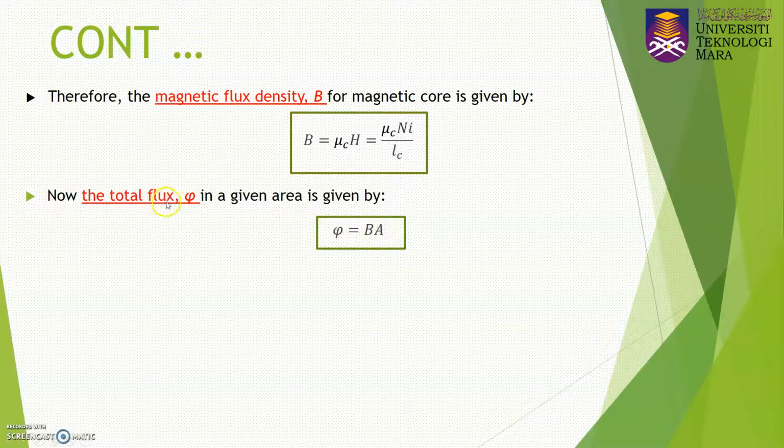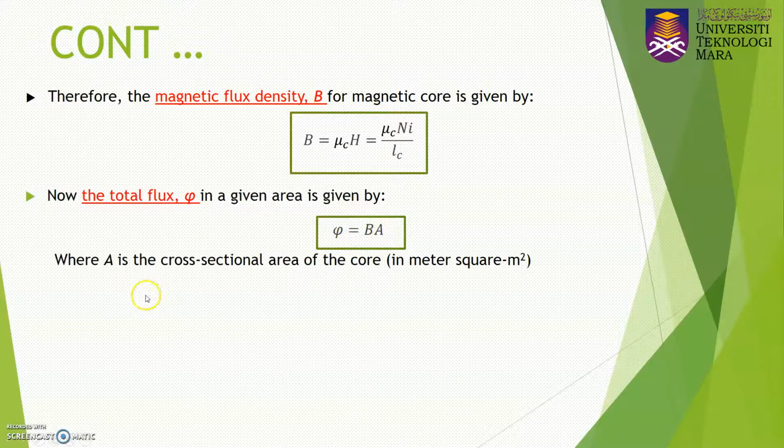If the question asks you to calculate the total flux in the air gap, then you need to substitute the cross-sectional area of the air gap. We will see this in detail in the example later. So A represents the cross-sectional area of the core, or of the air gap, depending on your magnetic circuit.